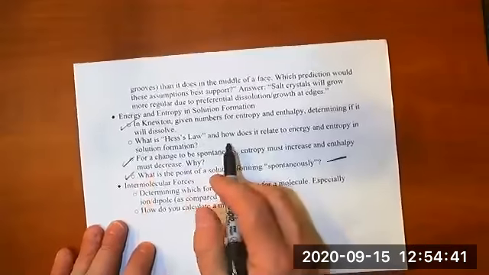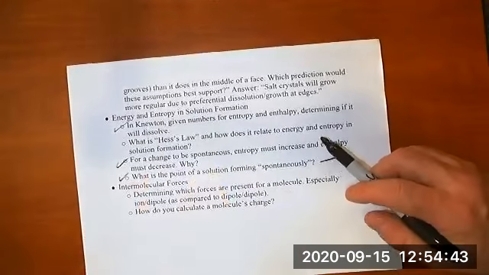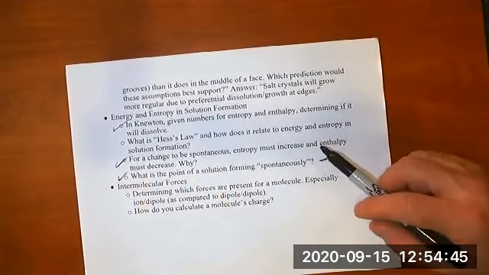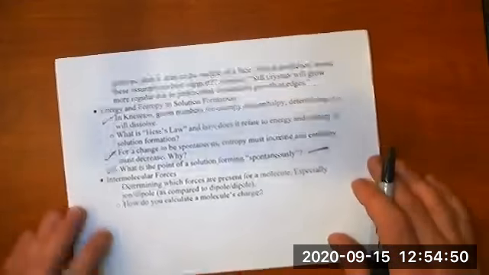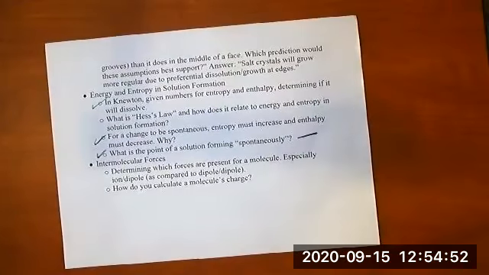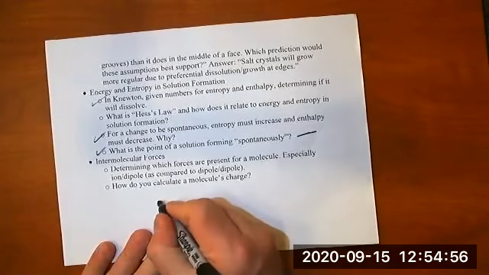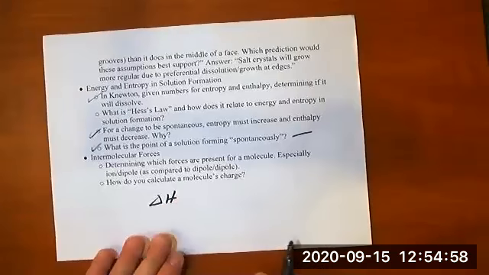There's also the question here about Hess's law and how does it relate to energy and entropy in solution formation. So Hess's law was something that was covered in Chem 111 in the thermochemistry chapter with relation to delta H values.